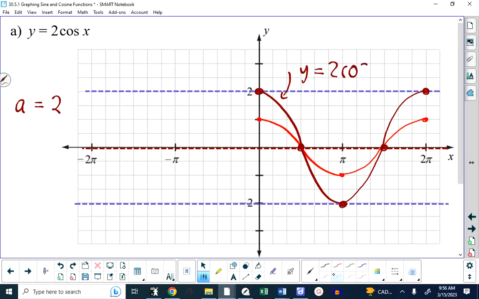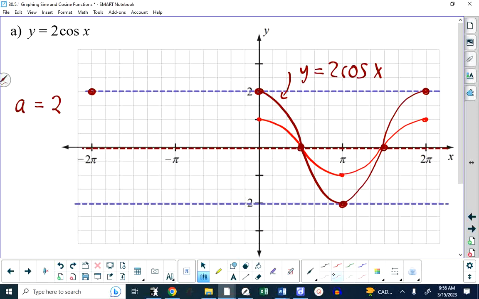If we were asked to sketch it further and we had more grid paper, you would just continue. If we're asked to sketch it in the negative direction, we just use that same pattern. From negative 2 pi to 0, it has to return to the initial position. It has to go through one complete cycle.